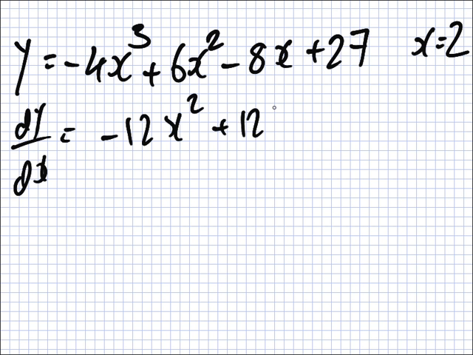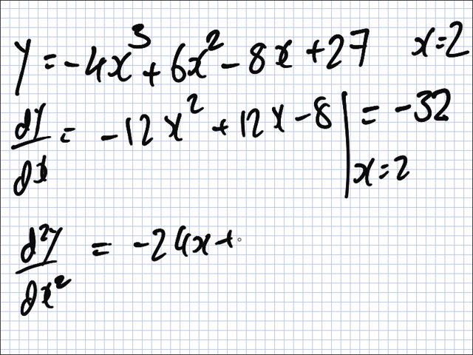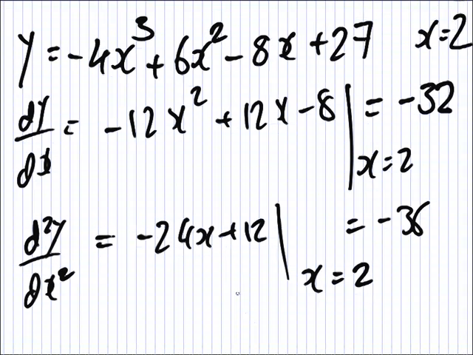Plus 12x minus 8, and we put x equal to 2, and does anyone have this value for me? Minus 32. Yes. Okay, so according to my flow chart, I now turn right. Differentiate and evaluate again. That's equal to minus 24x plus 12. x is equal to 2. Minus 36. Minus 36, so that's negative. So yes, quite clearly, concave should be the answer.